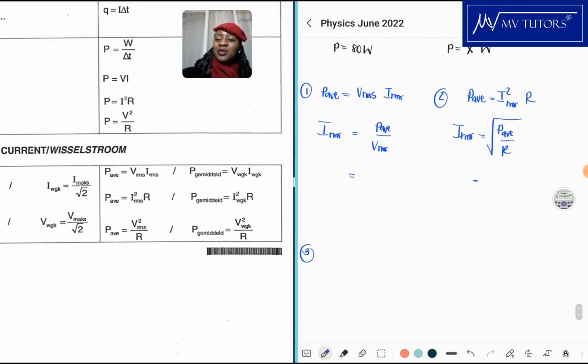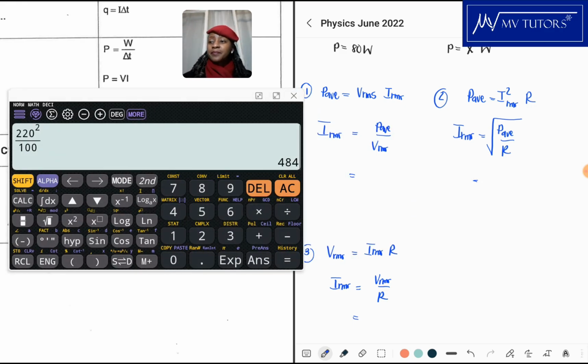I don't know if I would be incorrect in mentioning it, but we know that voltage is equal to current times resistance. So current would be voltage over resistance. So we have three options. My question is, which one is the right equation that we should be using? But let's just calculate and see.